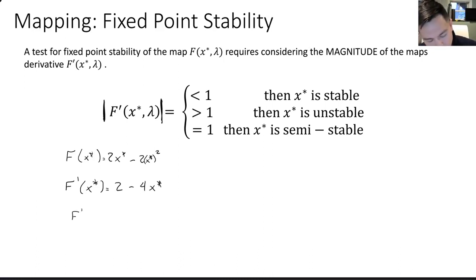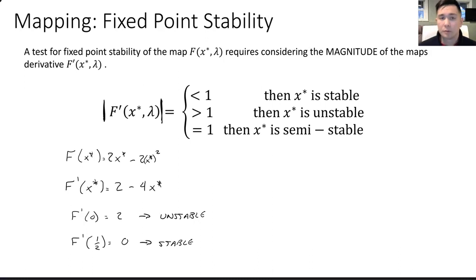So f prime of 0 would be equal to 2, and f prime of 1/2 would be equal to 0. So this indicates that our 0 fixed point is unstable, and our fixed point at 1/2 is stable, which is exactly what we seem to see from that graphical representation at the beginning.